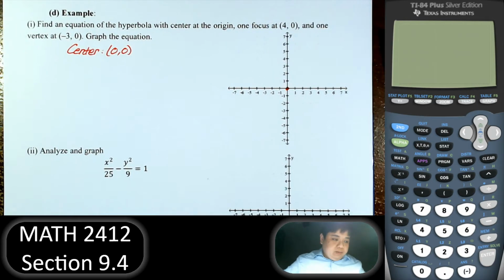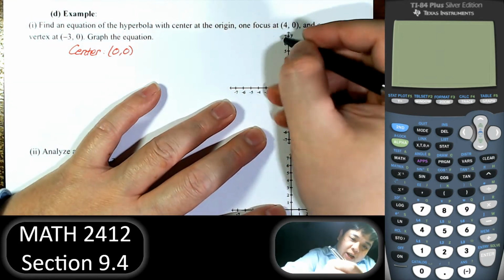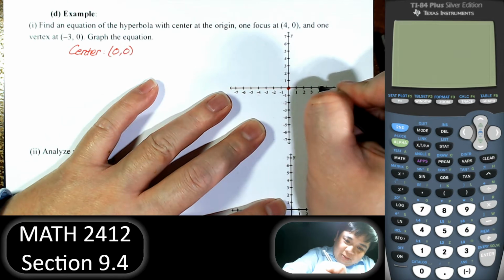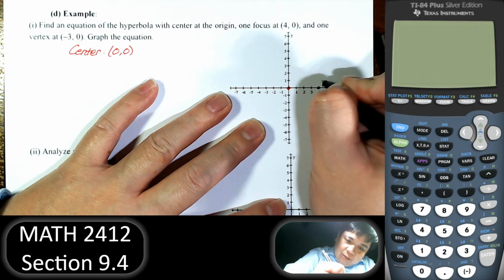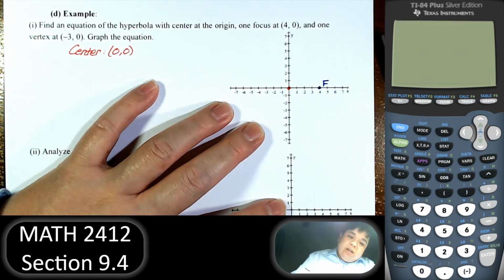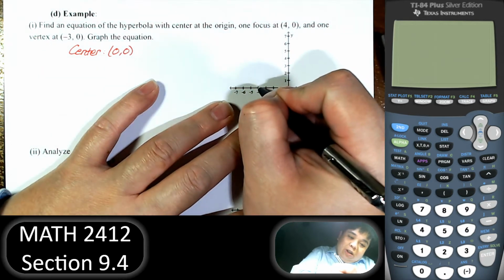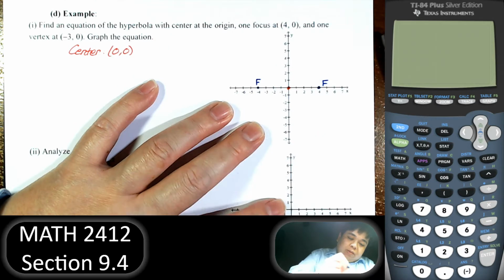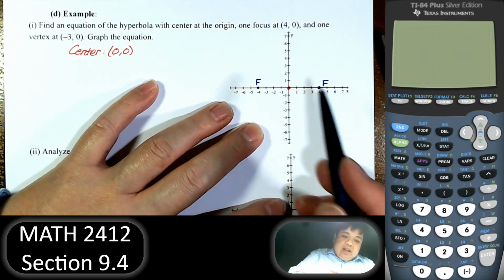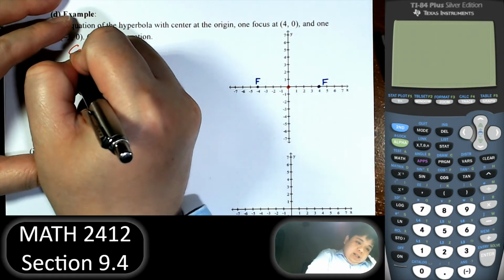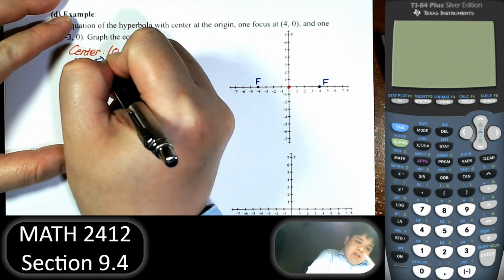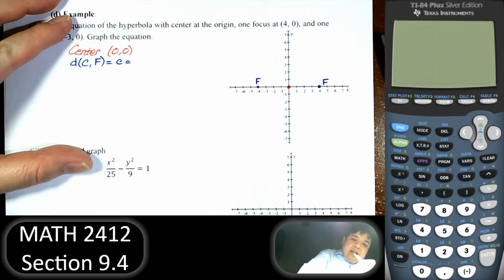One focus at 4 and 0. They are the focus, and of course there will be another focus on the opposite side from the center. That distance is 4. So the distance from the center to a focus is going to be C, and that is equal to 4.